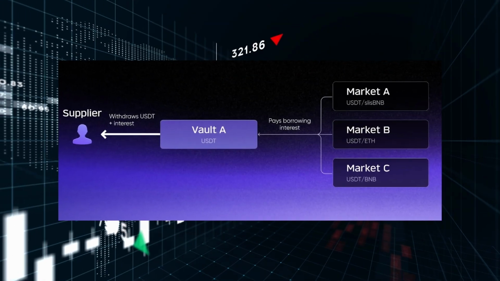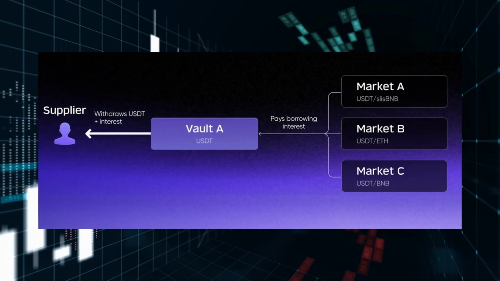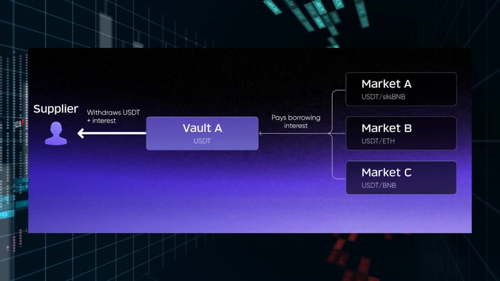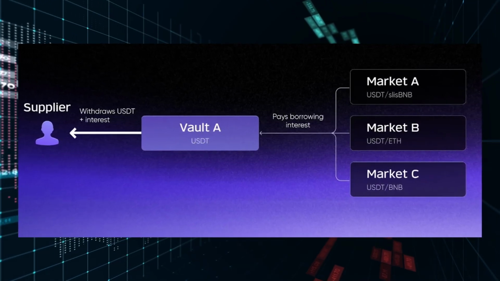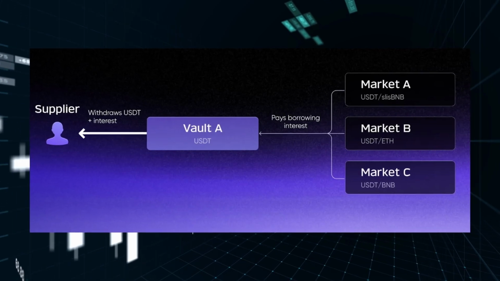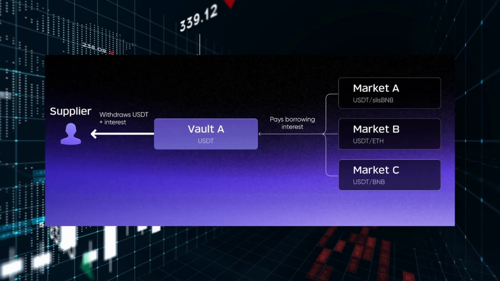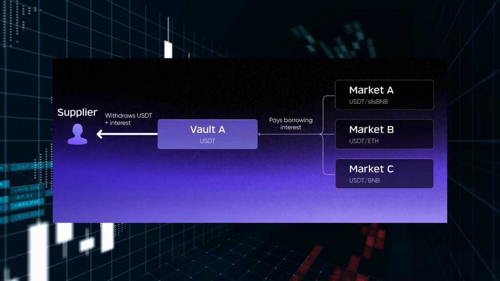Suppliers place a credit asset such as USDT in a wallet of their choice. Each wallet has only one type of credit asset that can be deployed in multiple markets. And once deposited, the wallet allocates the credit asset to these markets to generate income over time.